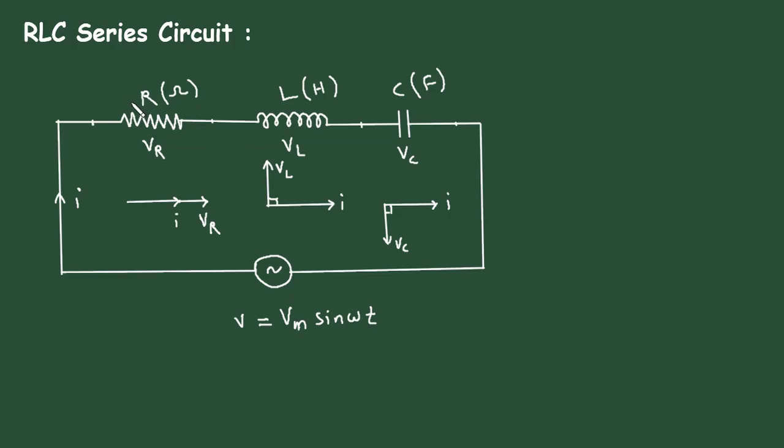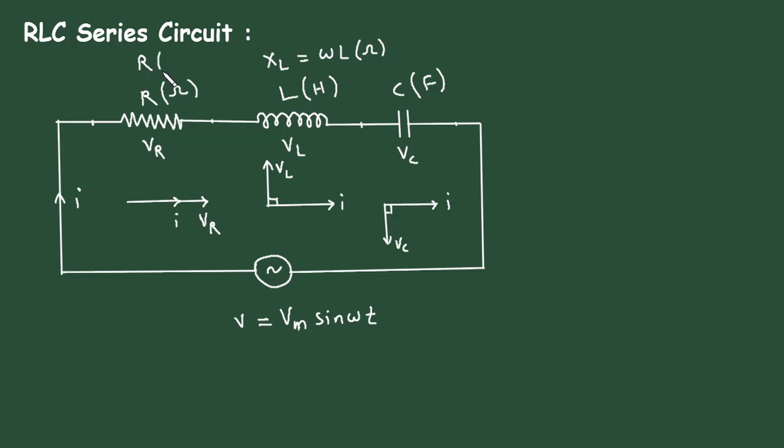Now here the opposition to current due to resistance is given by resistance R. And the opposition to current due to inductor is given by XL, where XL is the inductive reactance, and it is equal to omega L, where omega is the angular frequency and L is the inductance in Henry, and its unit is ohm.